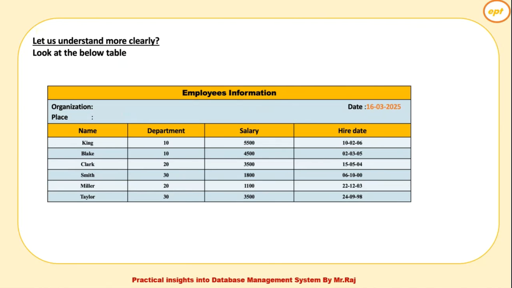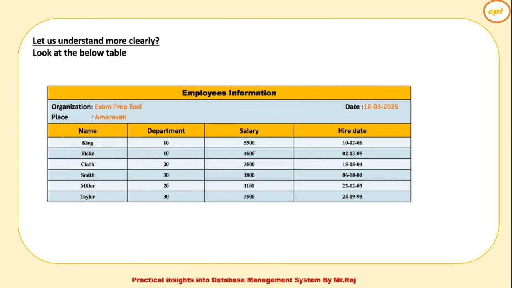Are you able to understand how I am converting raw data into meaningful information? Which organization, and where is it? If I say this data belongs to the organization called Exampreptool, and the place is Amaravati, now it has a clear meaning or not?